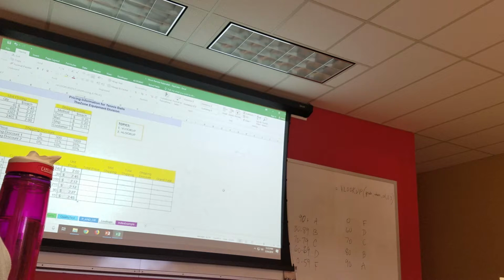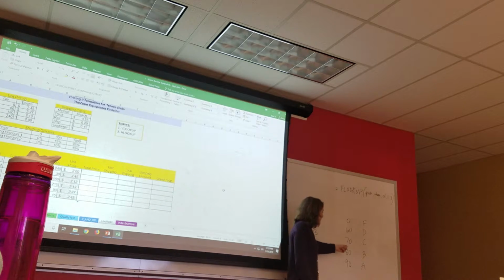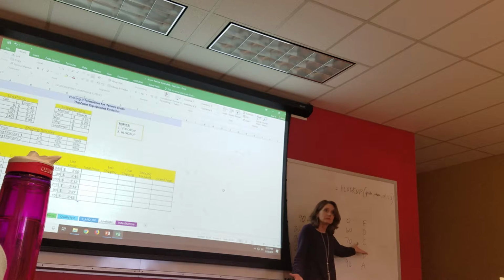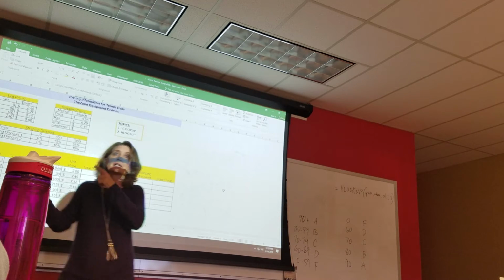And again, true is the default, so if we didn't type it in there, it'd be as if it were in there anyway. But I want us to get in the habit of doing that. So it just means that it doesn't have to exactly match, you follow the range. When someone's grade is an 88, that's not one of these numbers, it's in between, and therefore they get a B. I think it'll make more sense when we do this next one, because the next one's not a true.